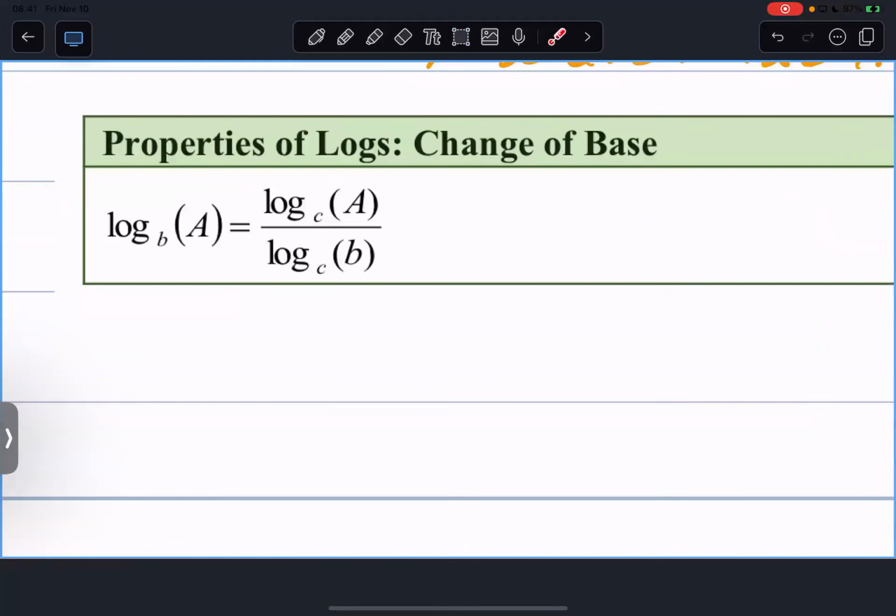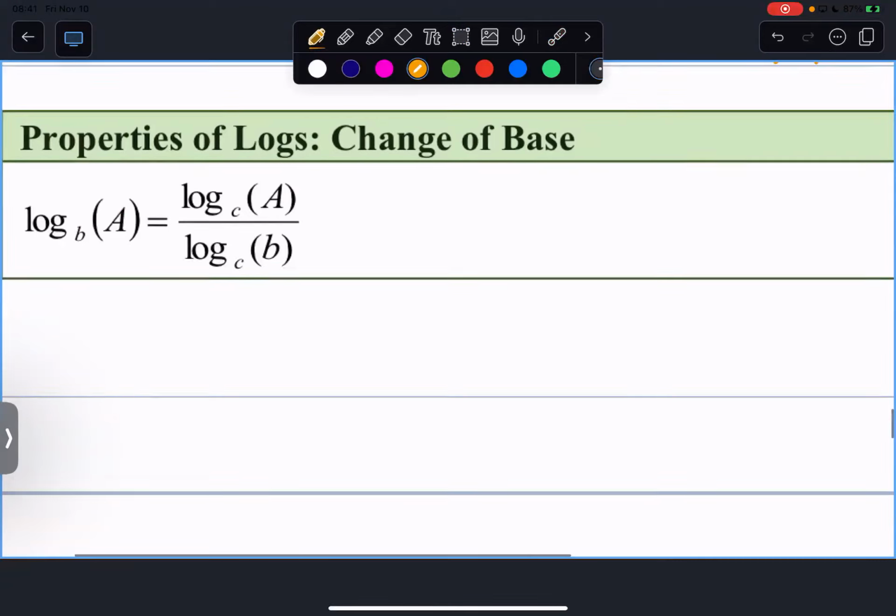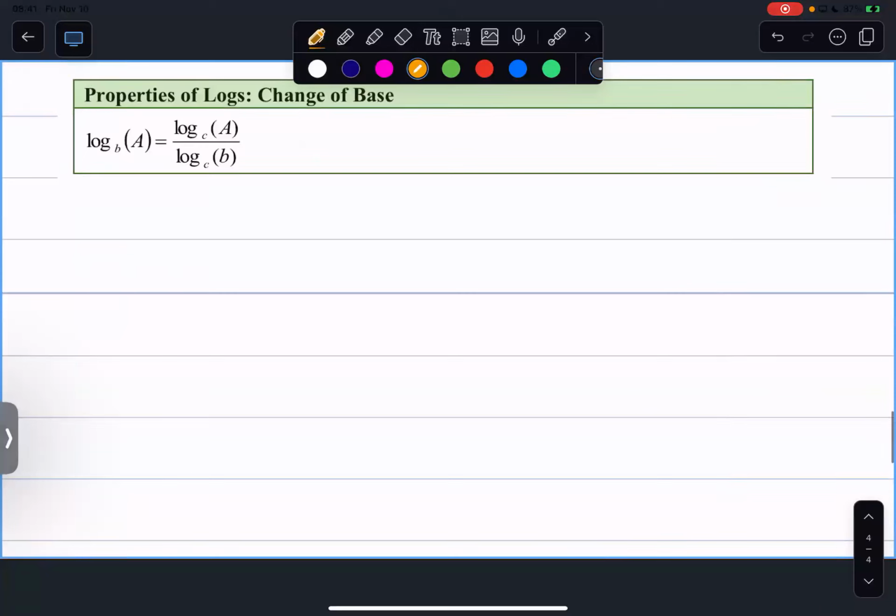So here, the change of base formula says that if you want to rewrite something in the form of log base b of a, but you have log base c of a, and you want to change the base. Usually how we use this is we want to change from log base c of a to log base b of a.